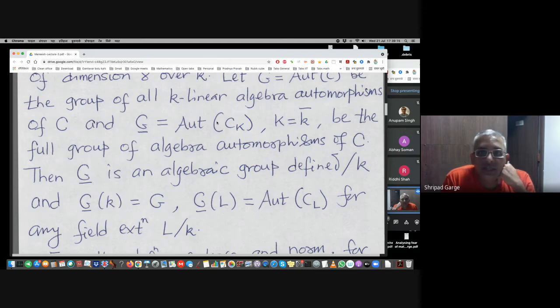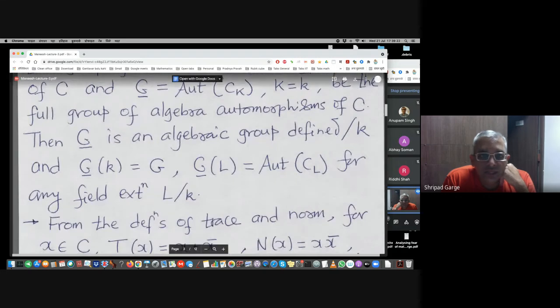So that's an algebraic condition. Therefore, it's an algebraic group. It's a group very clearly. And by construction, these things hold: G bar K, G lower bar L is Aut(C_L), and so on.